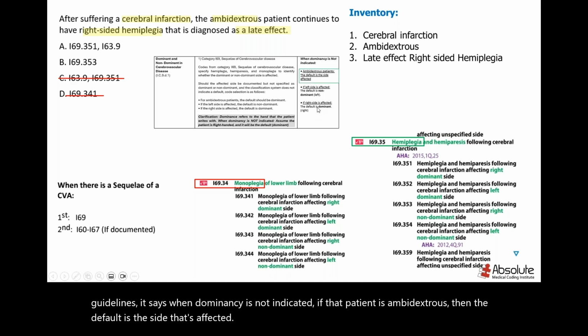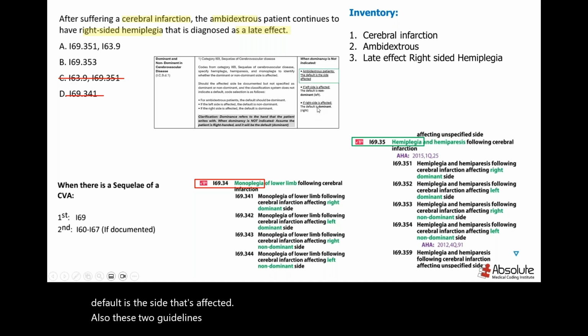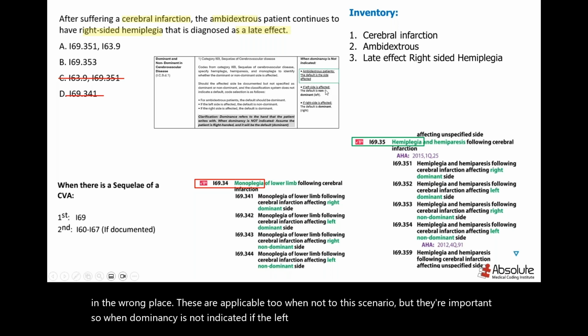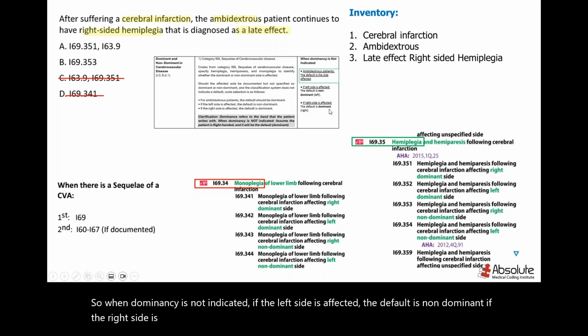Also, these two guidelines here that I kind of just skimmed over because I thought it was written in the wrong place are applicable too, not to this scenario, but they're important. So when dominancy is not indicated, if the left side is affected, the default is non-dominant. If the right side is affected, the default is dominant.